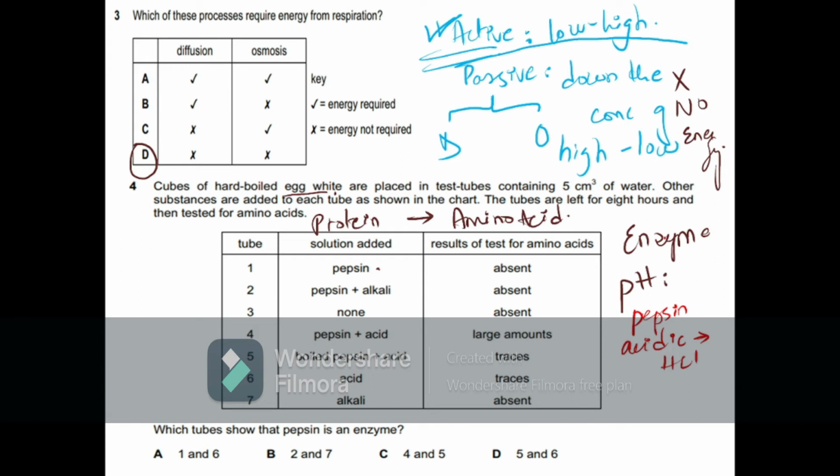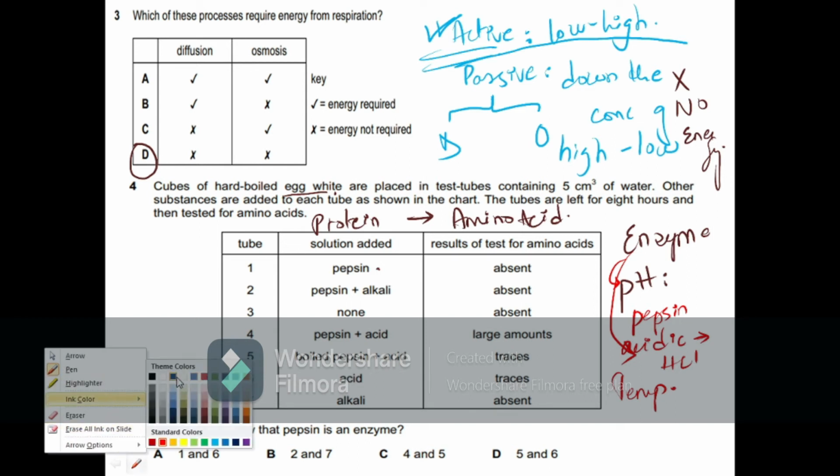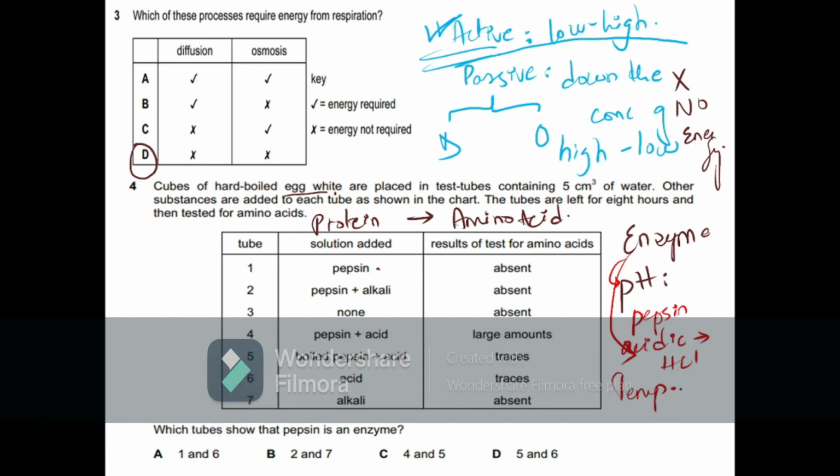Enzymes are also temperature sensitive. The optimum temperature is about 37 degrees Celsius, because this is the optimum temperature of our body.